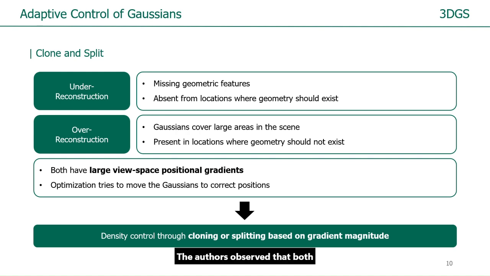The authors observed that both cases tend to exhibit large view-space positional gradients. This suggests that the Gaussians must move a relatively large distance from their current positions in order to reach more appropriate locations. As a result, the authors propose a density control strategy based on cloning or splitting according to the gradient magnitude.